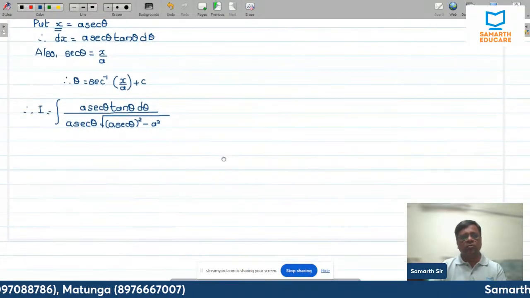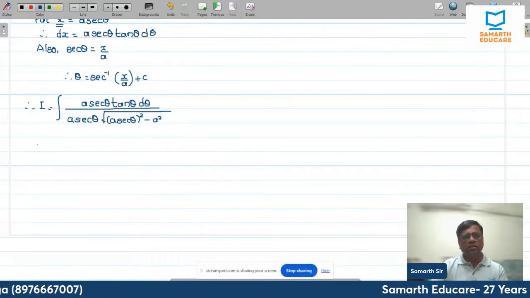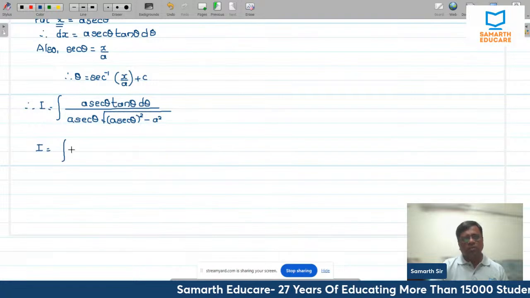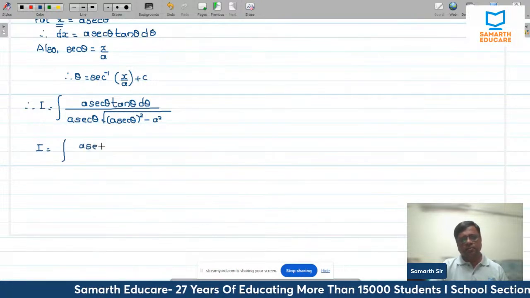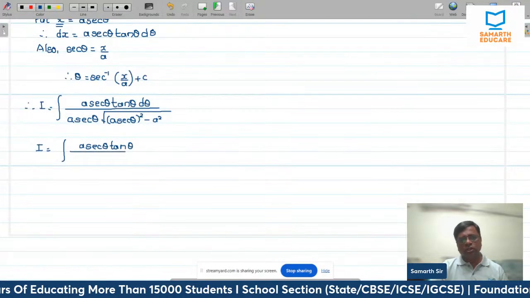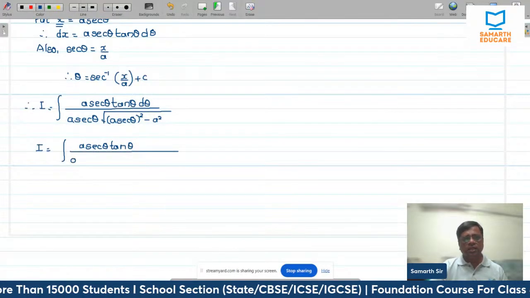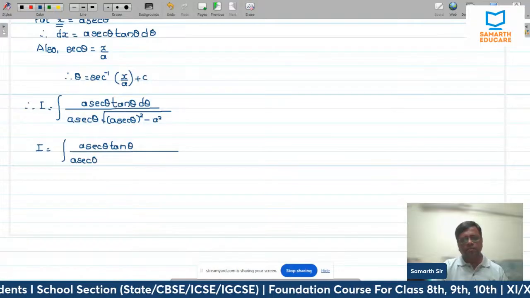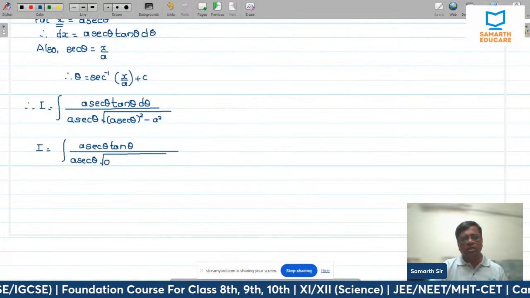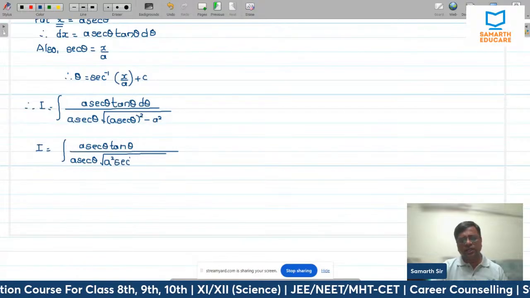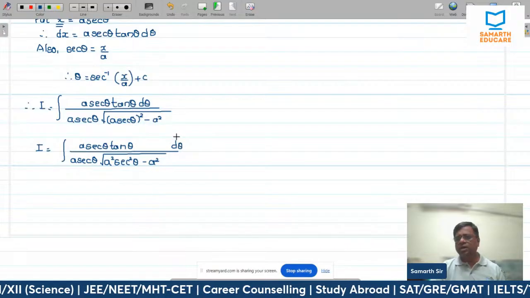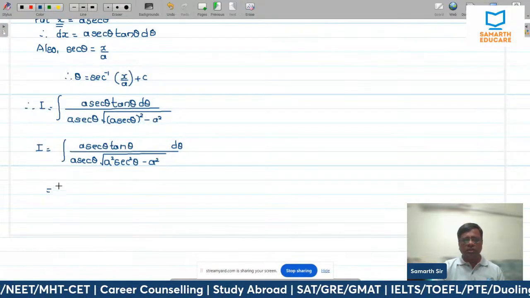All right, now I is equal to यहाँ पे a sec theta tan theta, the whole thing divided by a sec theta, inside the square root, it will be a square sec square theta minus a square. Okay, I'm taking time, I'm writing, I'm going very in a detailed way.